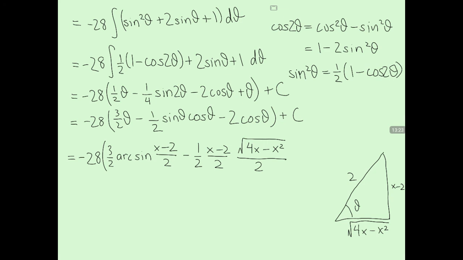Now, what is cosine theta again? Well, it's just the same thing. It's that over 2. So if you multiply that, then that's just going to be the square root of 4x minus x squared, close parentheses, and don't forget your constant of integration. Now, this should be the final answer to your integral in terms of x.